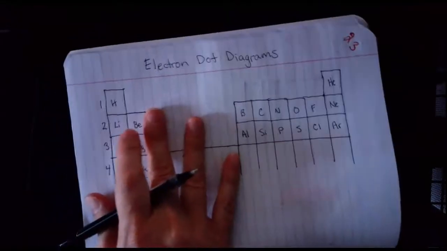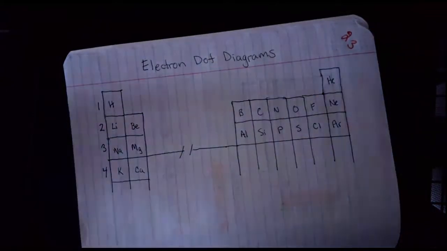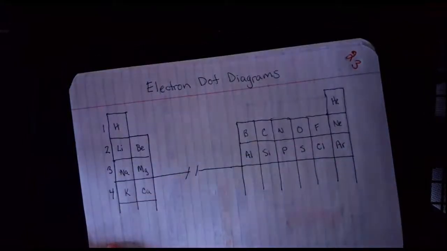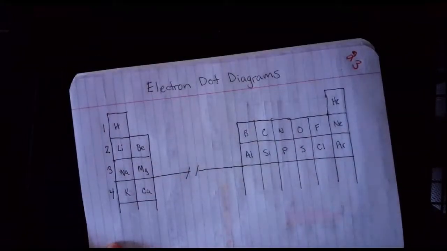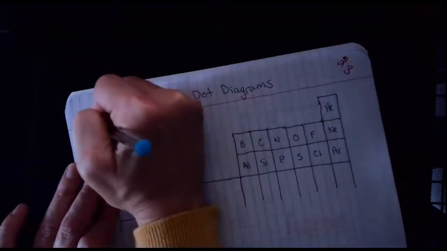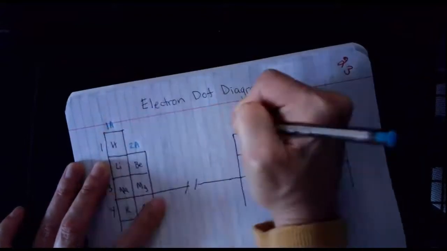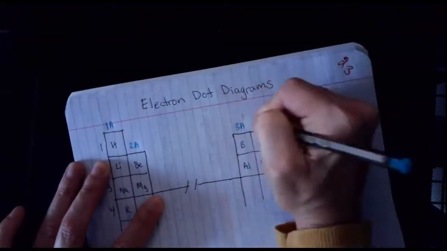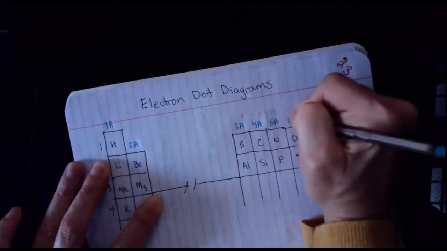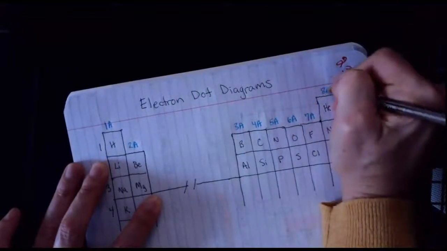So these are all the elements that we're going to make the dot diagrams for today. And we're also going to go in here and label the columns. So we're going to label this 1A, 2A, 3A, 4A, 5A, 6A, 7A, and 8A.